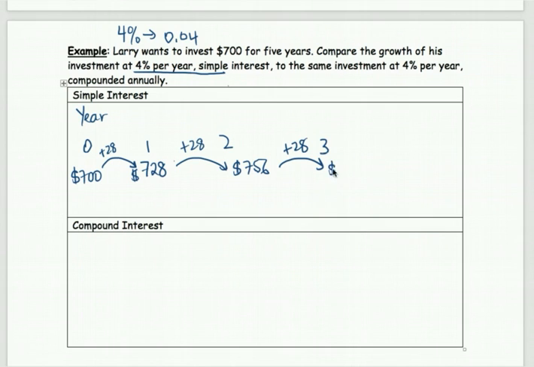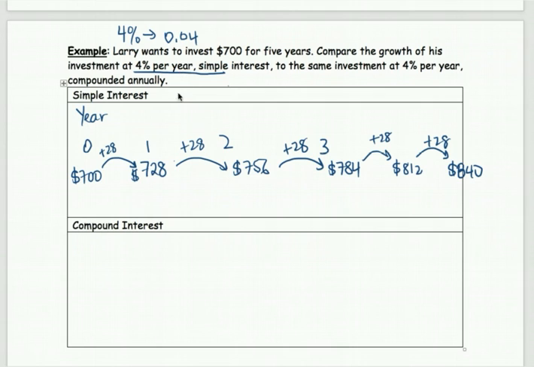Again, they're just going back to the original amount that you added and then just adding $28 every year. So we're at 812. And then one more year, 840.